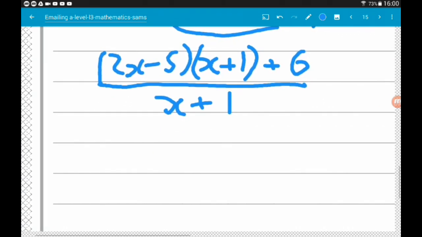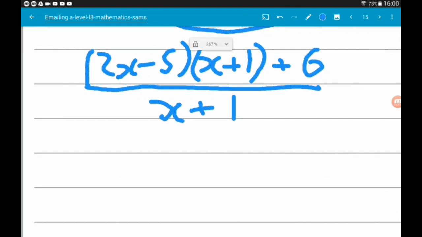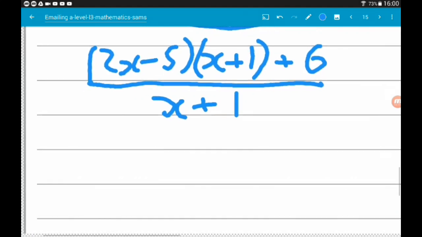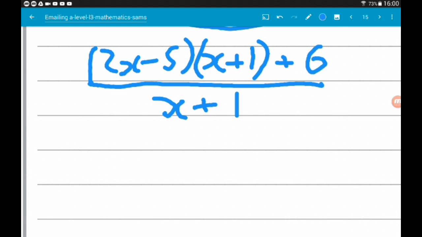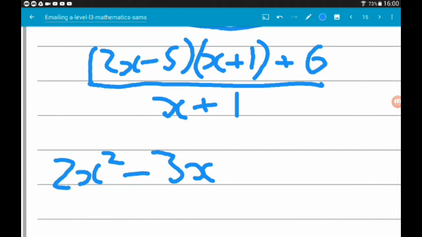Okay, so what we need to do now is expand out these brackets on top. So 2x times x is 2x squared. Then we're going to get 1 lot of 2x minus 5 lots of x. So that's 2x minus 5x, which gives us minus 3x.